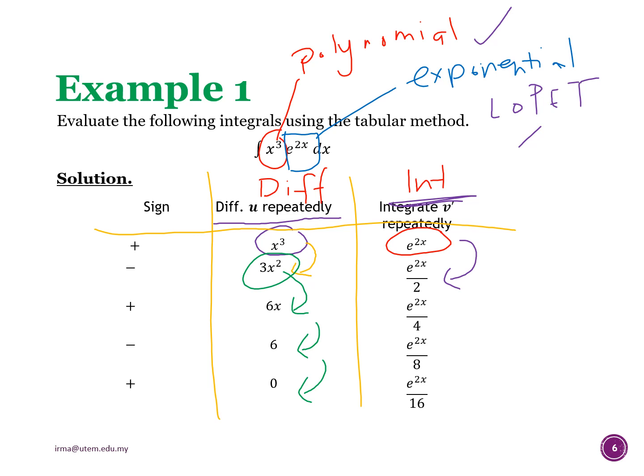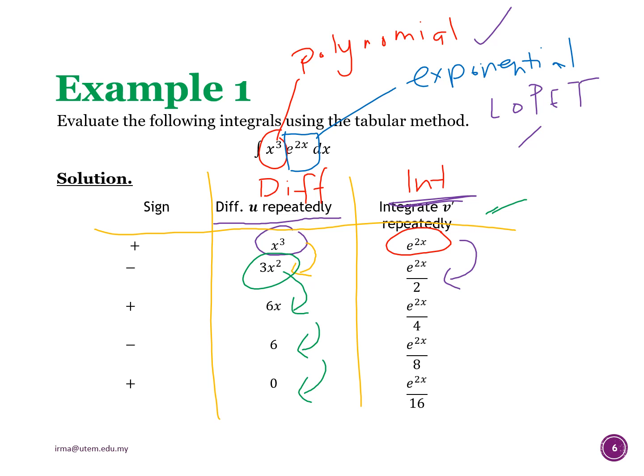If you get 0, then you can stop the iteration. For the last column, you will integrate the previous function, with the same number of iterations as differentiation.